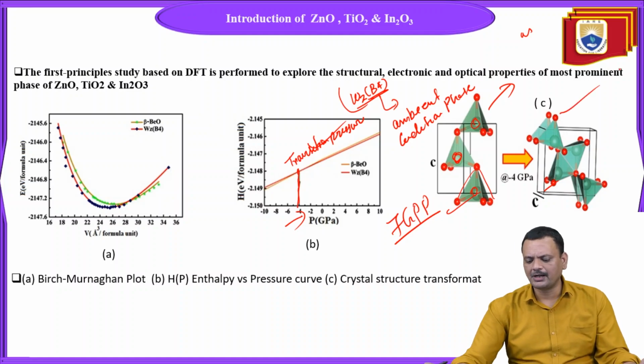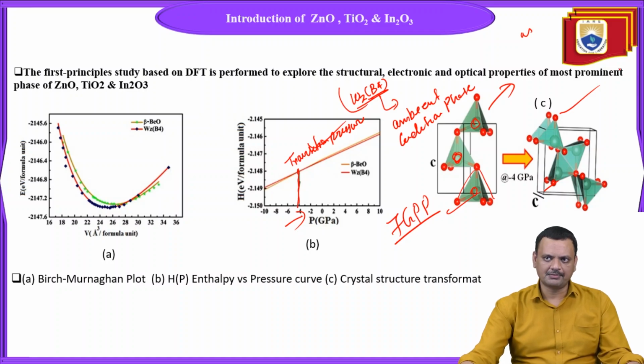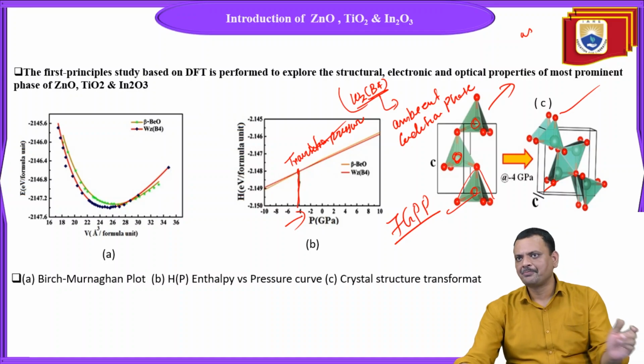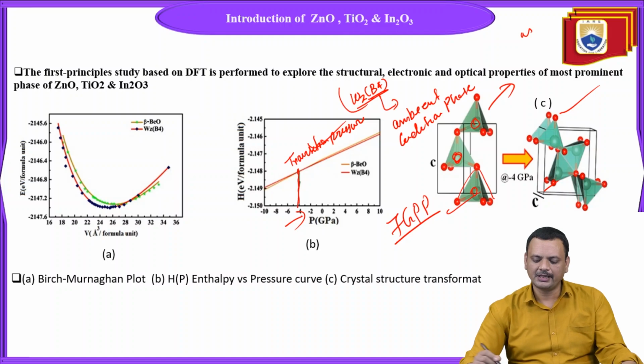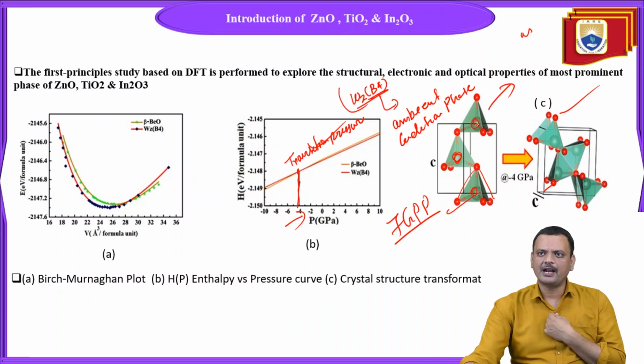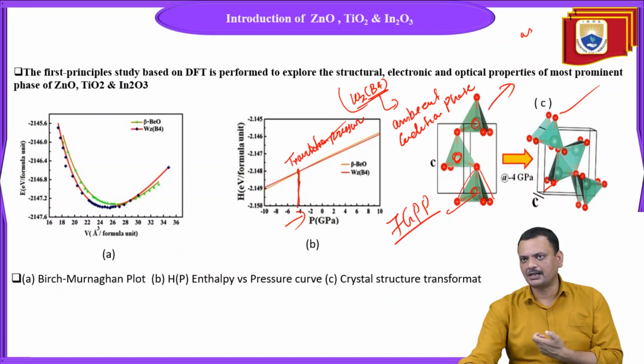By this pictorial diagram, I am trying to show how the crystal structure changes. Here you can see that zinc is surrounded by oxygen atoms in tetrahedron formation, where all the tetrahedra are connected by corner sharing.